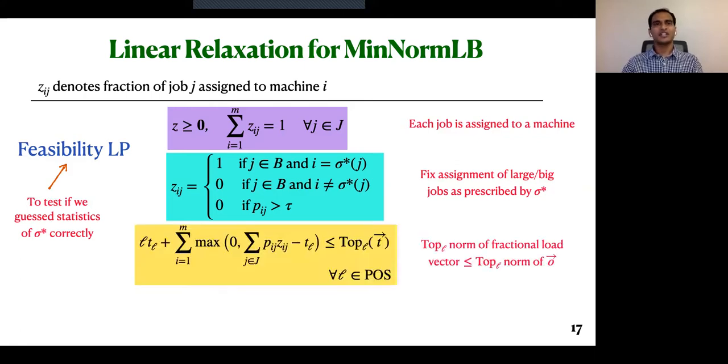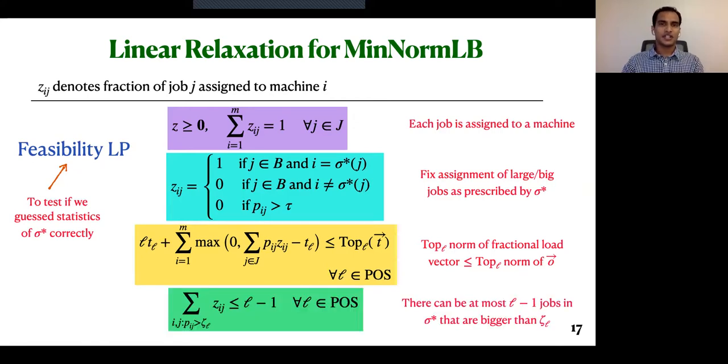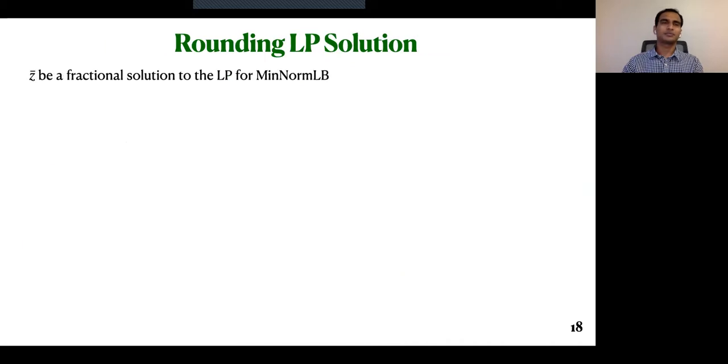The third set of constraints impose that the topl norm of the LP load vector should be at most the topl norm of the optimal load vector. Here we use the proxy for topl norms that we saw on the previous slide. Lastly, in the fourth set of constraints, we encode that there should be at most L-1 jobs in the fractional solution that are bigger than zeta L. This is exactly what the optimal integral solution does.